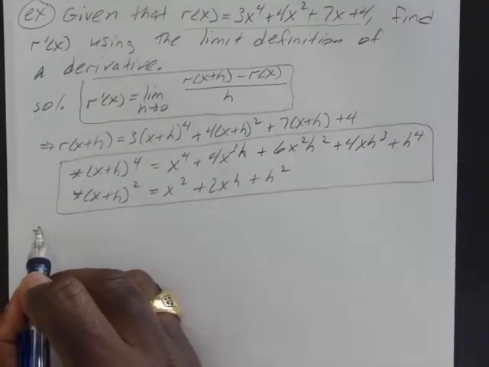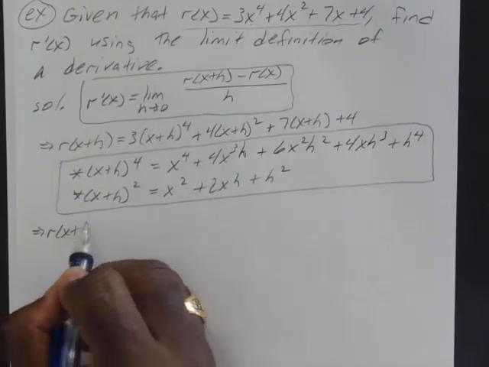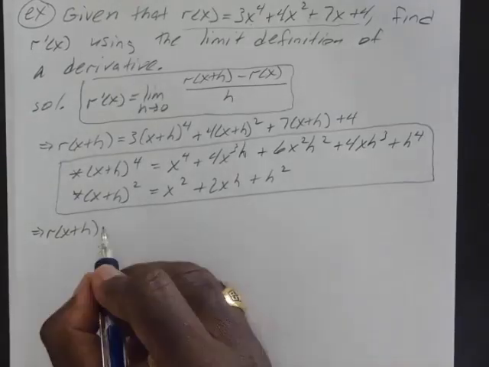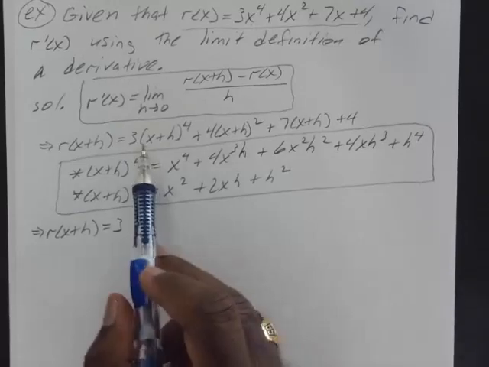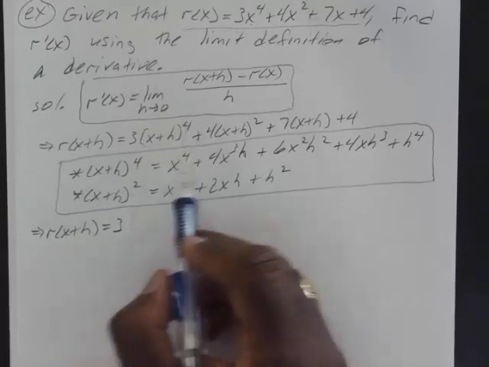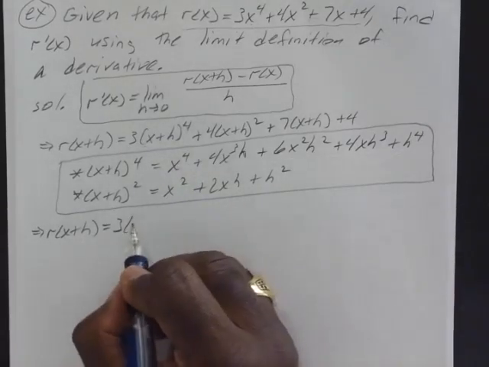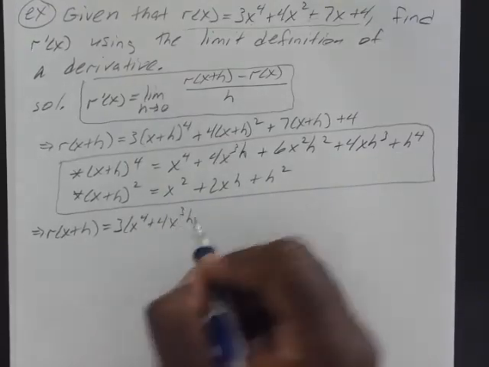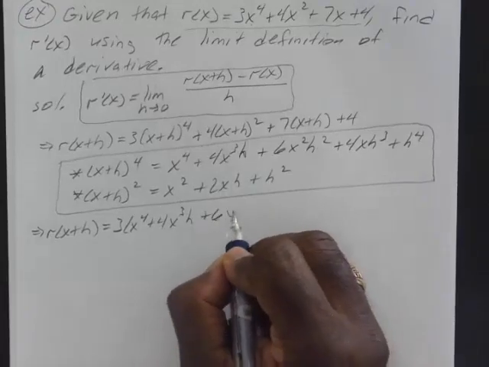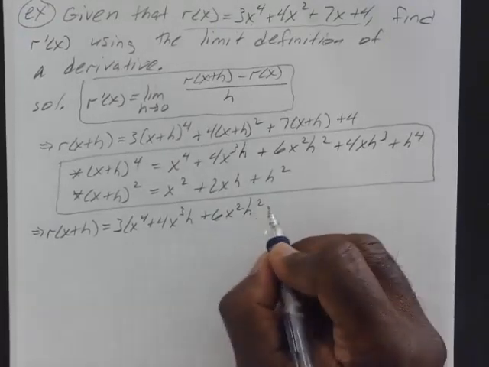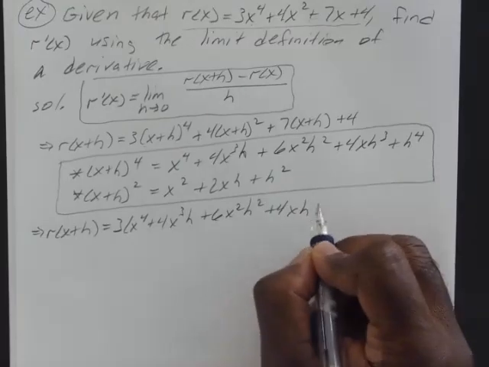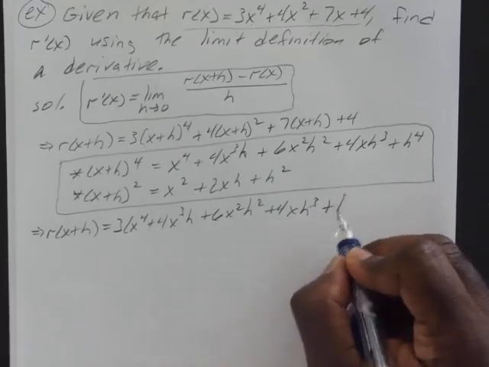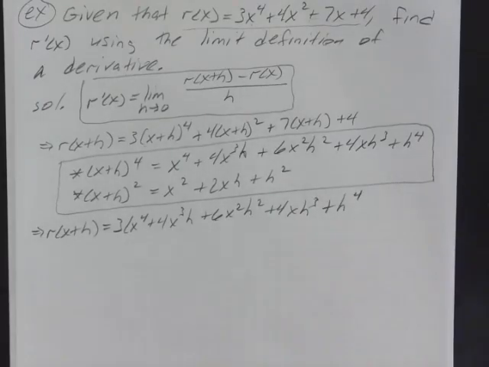So we know that our r of x plus h is going to equal 3, and that x plus h to the fourth, we can just replace with this: x to the fourth plus 4x to the third h plus 6x squared h squared plus 4x h to the third plus h to the fourth.